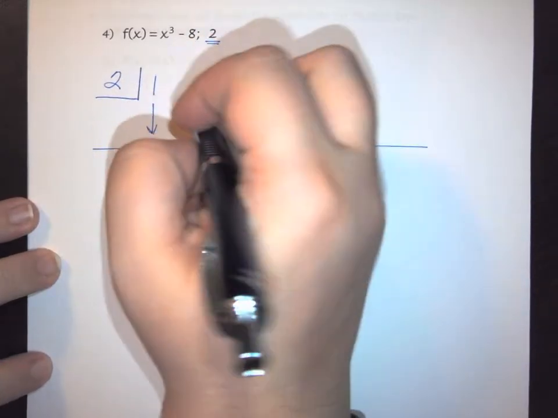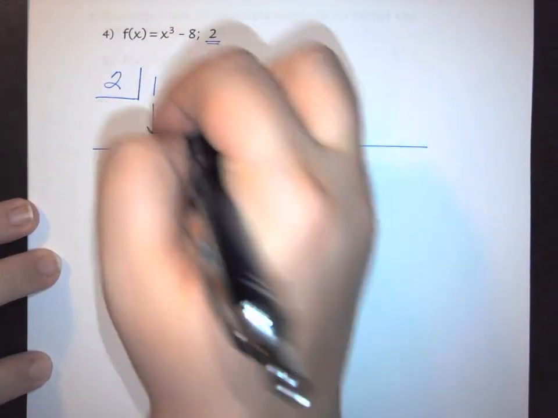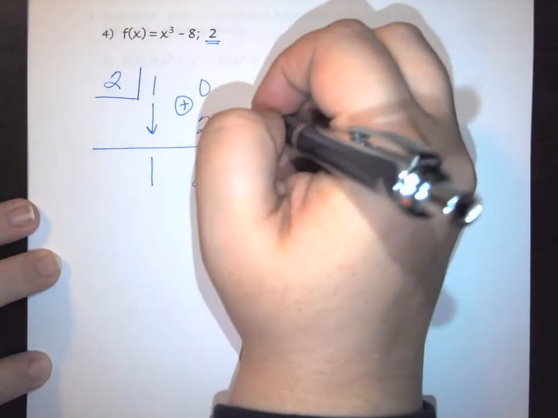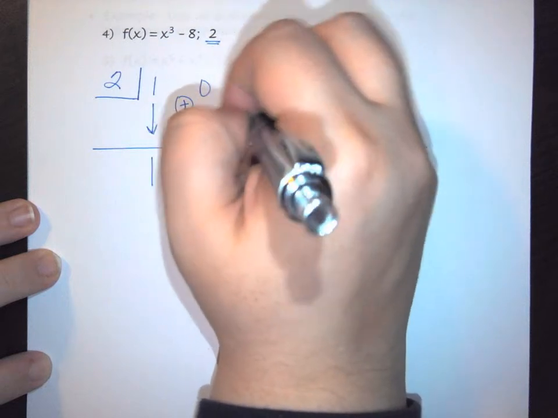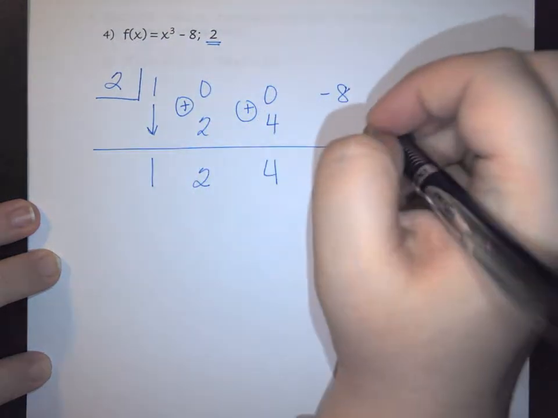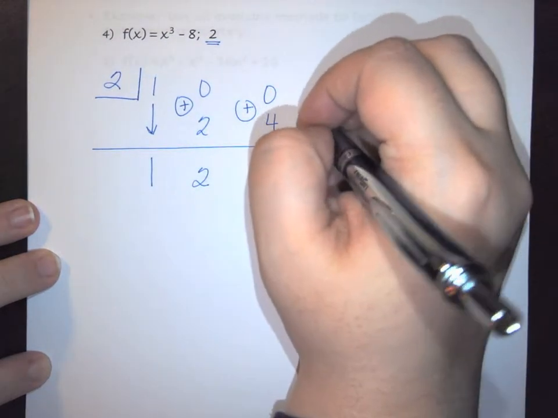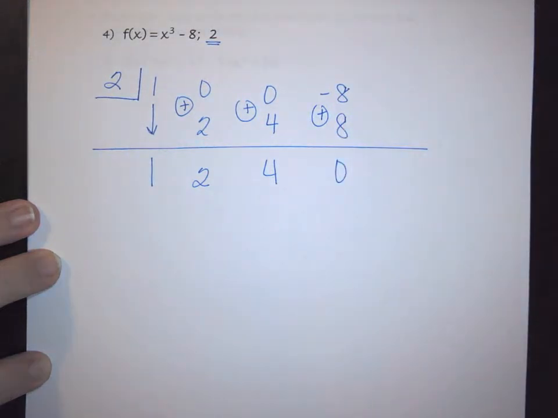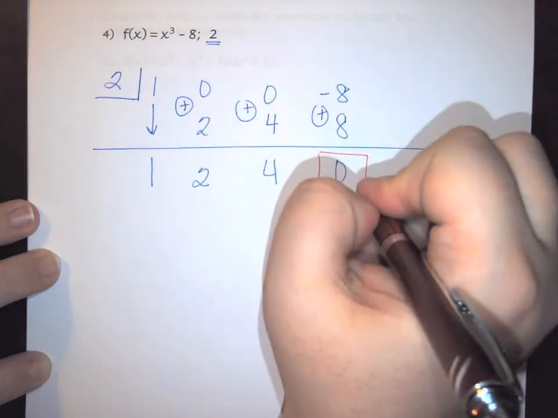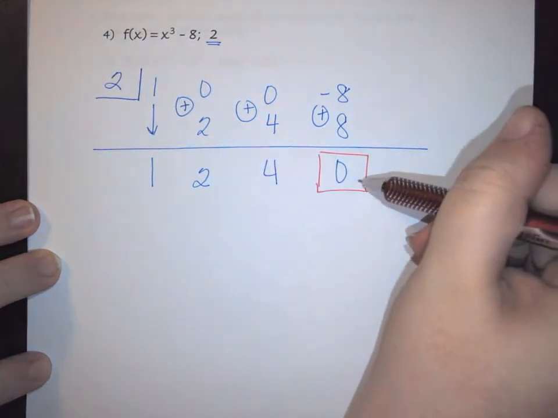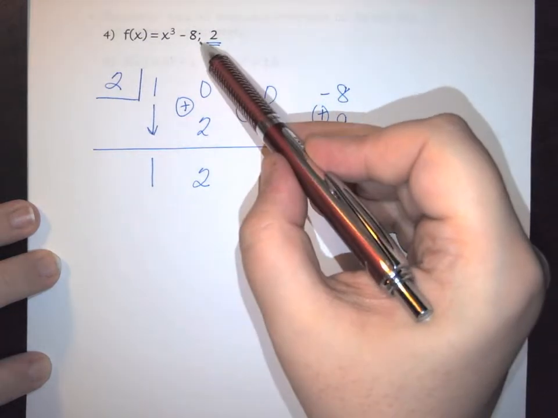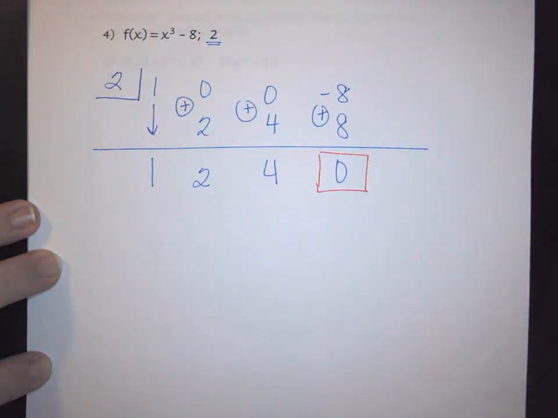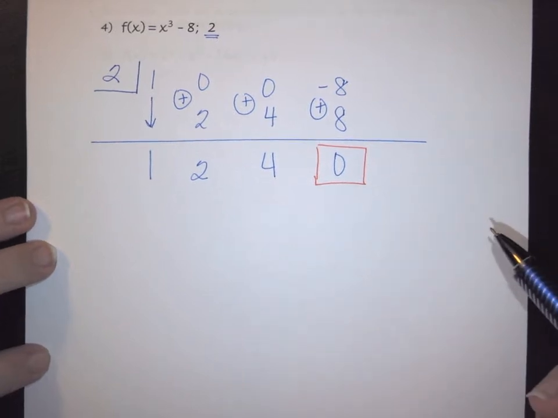Again, it's bottom times the box, and vertically add. 2 times 2 is 4. 4 times 2 is 8. Now, this right here should come out to be a 0. If this came out to be something else, then this 2 given would not be a 0. So always make sure that you are verifying your zeros when they are real.